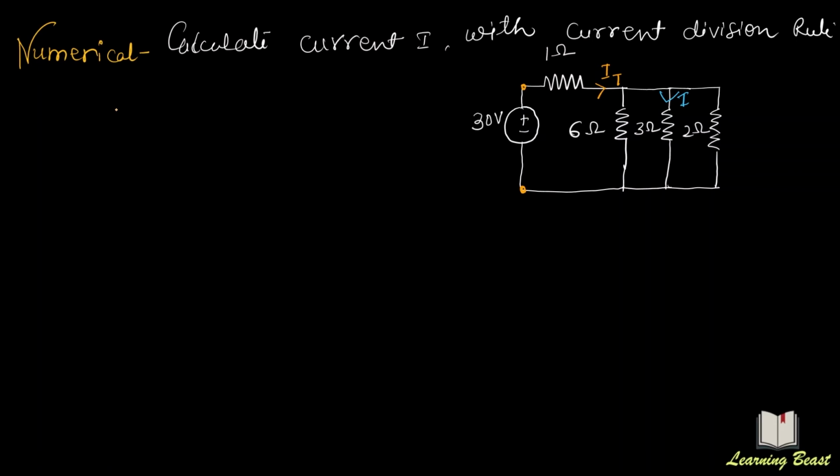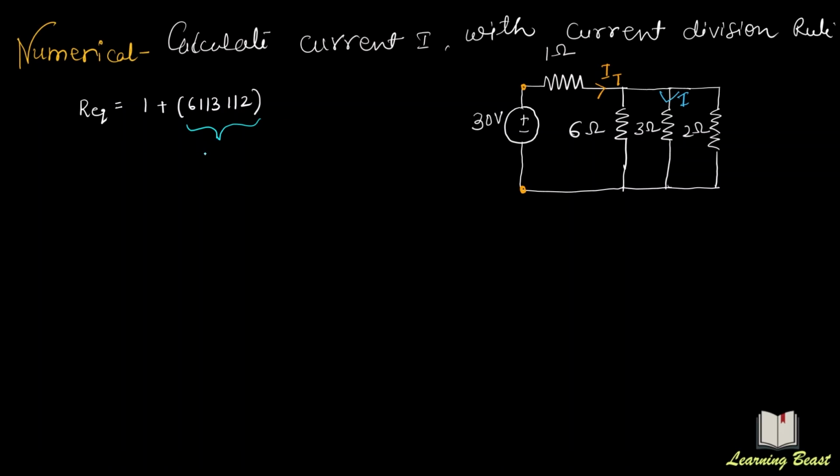So I will calculate the equivalent resistance of the whole circuit, which is equal to R equivalent is equal to these three resistances are in parallel in series with this. So R equivalent is equal to 1 plus 6 parallel to 3 parallel to 2. We already know how to calculate the equivalent resistance in parallel.